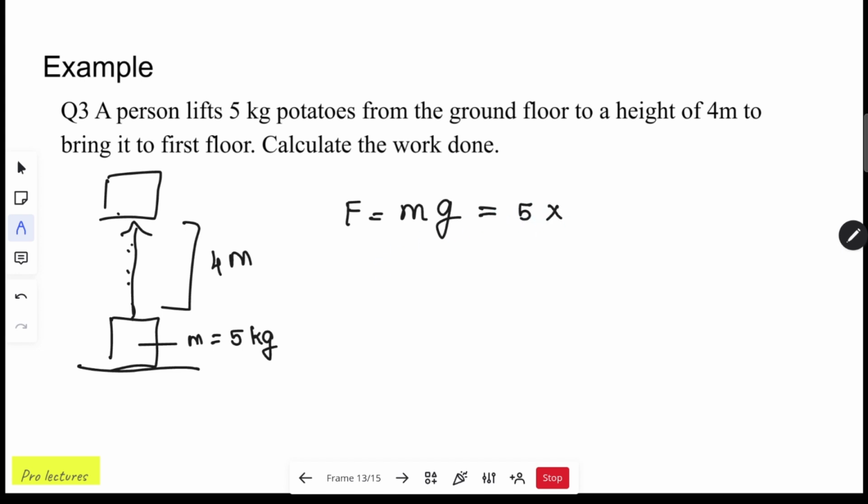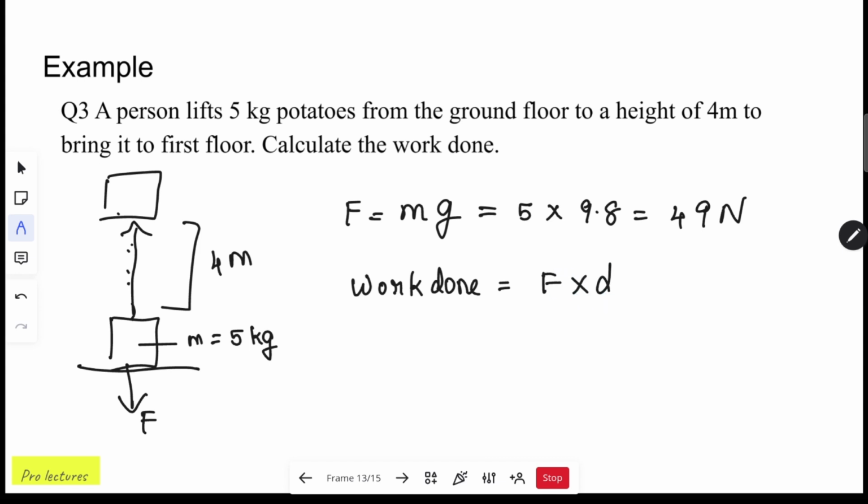What is the acceleration due to gravity? 9.8 meter per second square. So if you multiply, we get 49 Newton. Now we know the force. Force is in this direction. So work done against gravity is force into displacement.